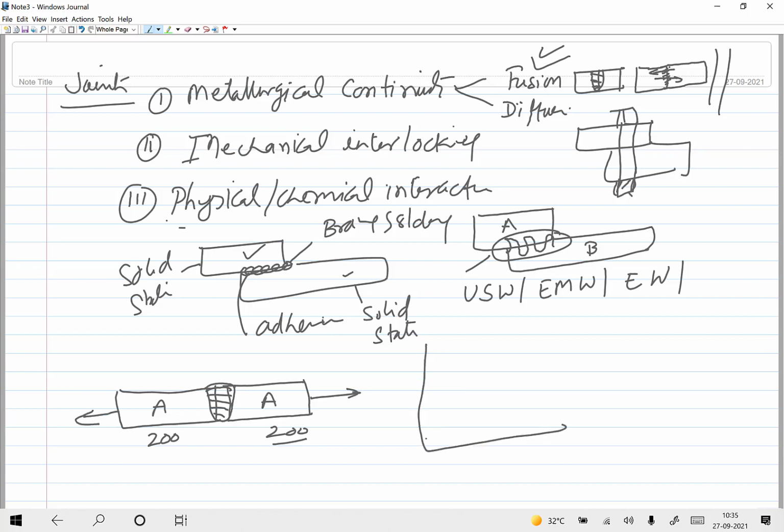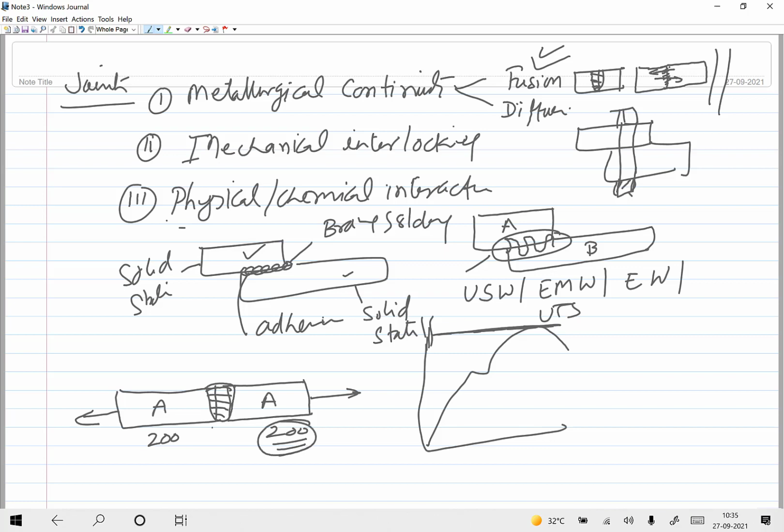obviously you will get an engineering stress-strain diagram like this. Whatever the fracture stress or ultimate strength, you can compare it with the base metal's own strength.